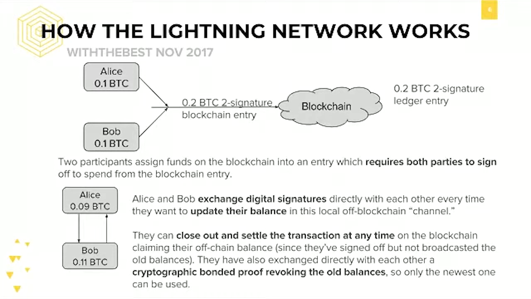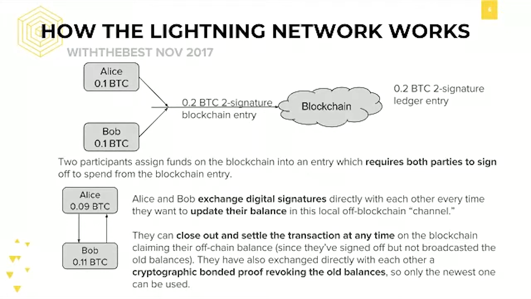So anytime, perhaps we have in this address both of us have 0.1 BTC. If Alice wants to give Bob another 0.01 BTC, Alice and Bob will both sign another transaction where Alice will now get 0.09 back and Bob will now get 0.11 back.